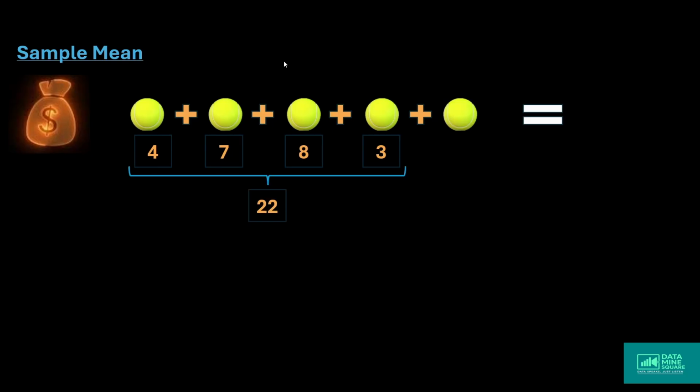And we know if we take out the fifth ball, the total weight should be 25 kg. Now these 4 balls can have any values, but the last fifth ball's weight is dependent on the rest of the 4 balls because the total should be 25 kg. Therefore, this particular ball has to have 3 kg weight.